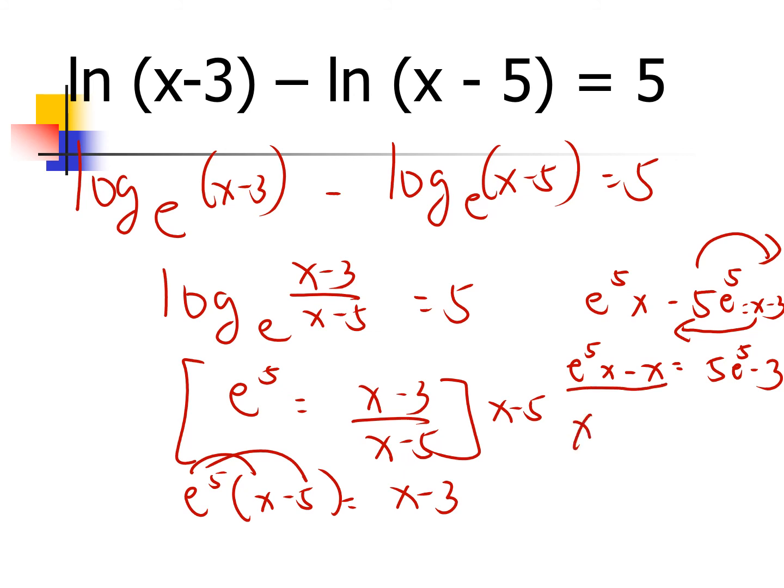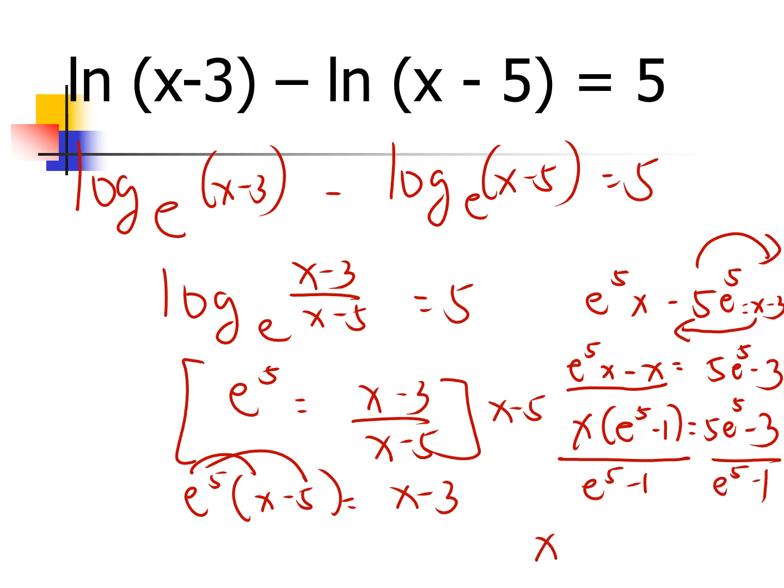It will be x times e raised to 5 minus 1 is equal to 5 e raised to 5 minus 3. Now, dividing both sides by e raised to 5 minus 1. Therefore, the final answer is x is equal to 5e raised to 5 minus 3 all over e raised to 5 minus 1. And this is our final answer.